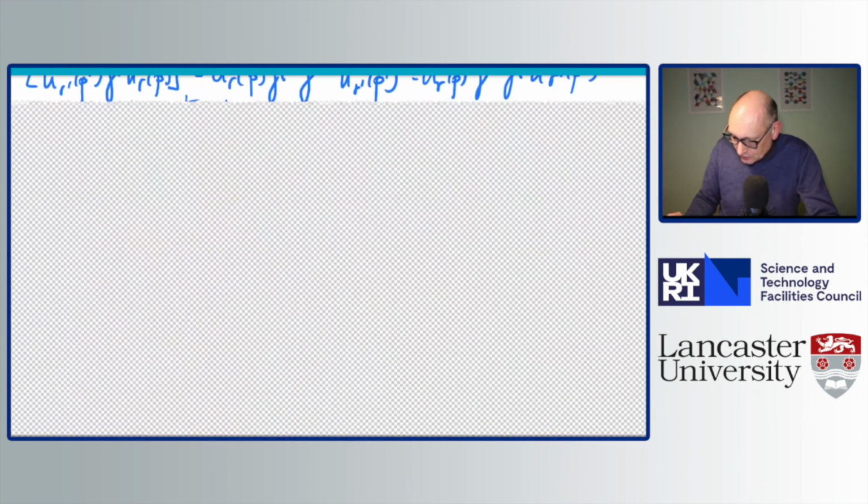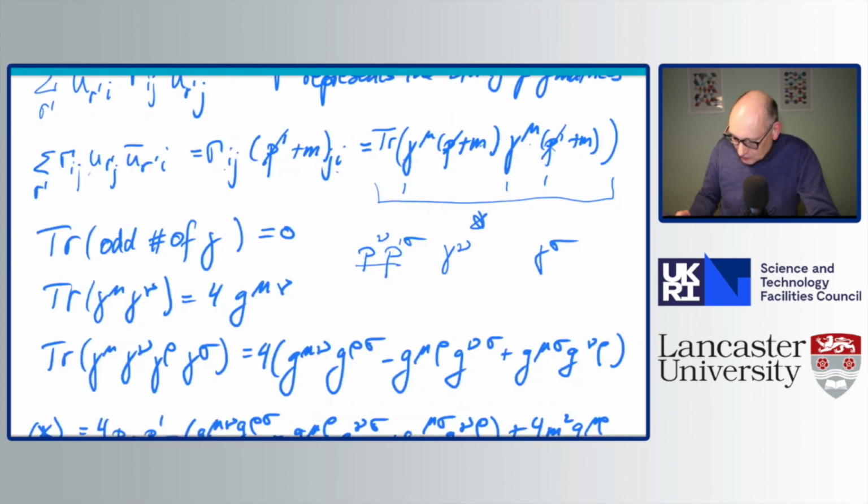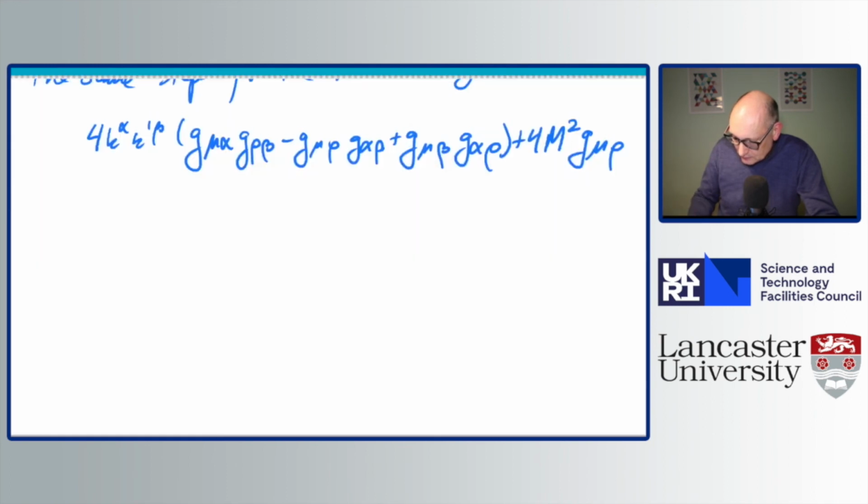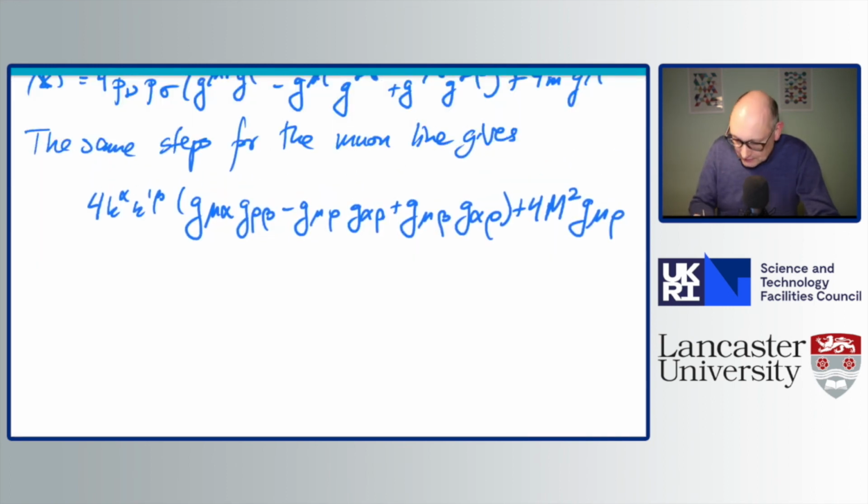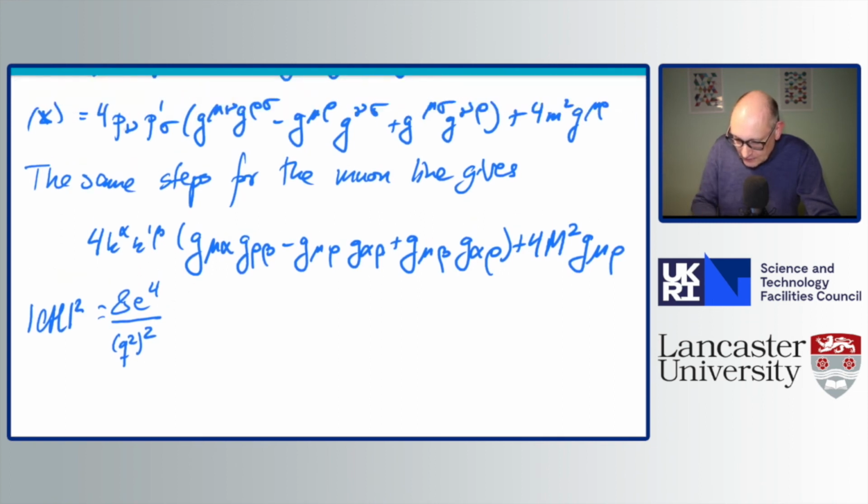If we substitute into the equation for the matrix element squared, then one finds that the matrix element squared is equal to, there's a 4 there, so that you get 8 e to the 4 over q squared, and then there will be a lot of contractions of p's, p prime, k, and k primes.